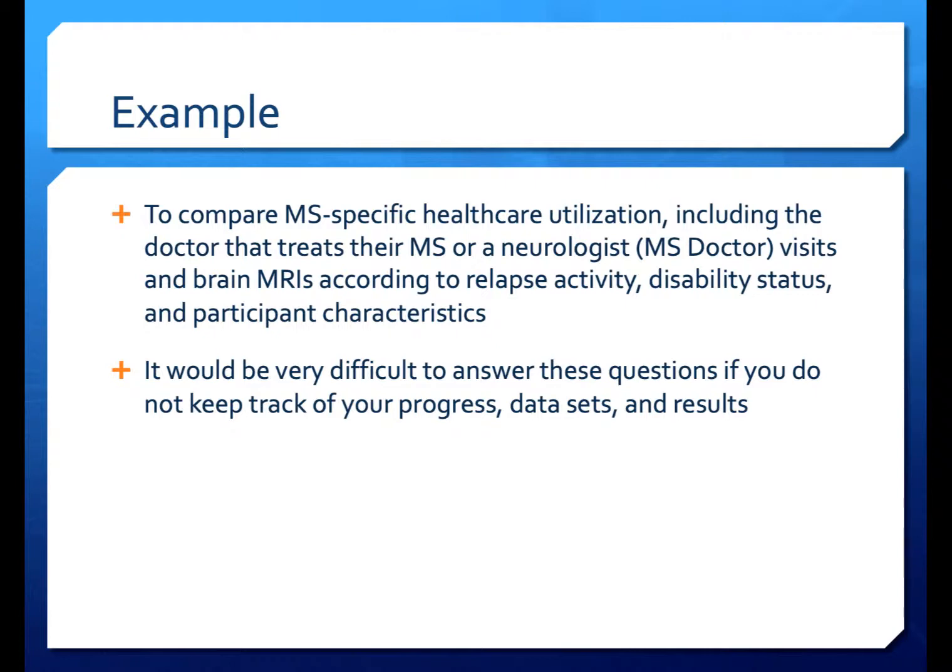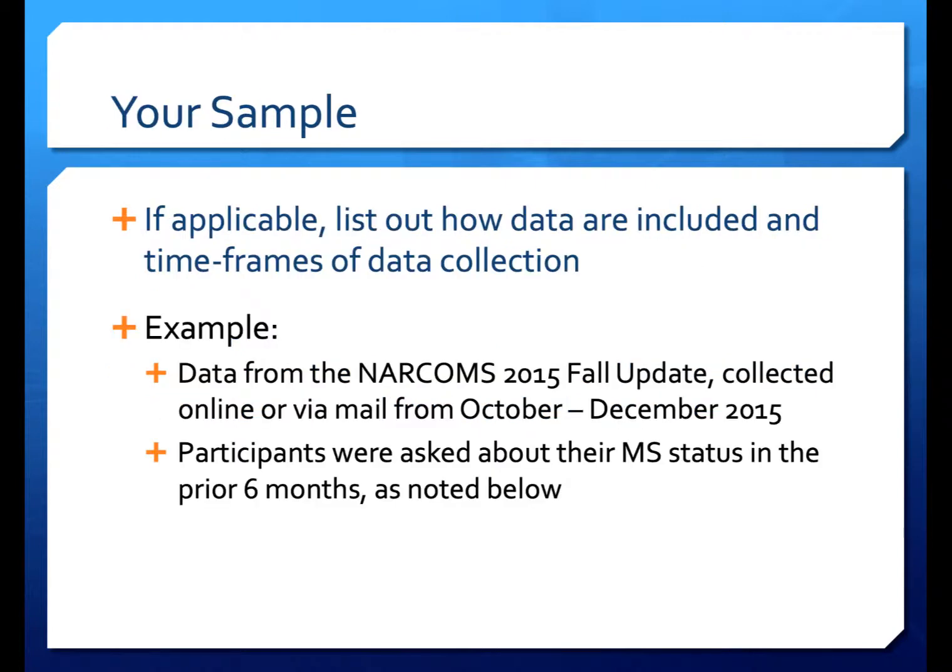It would be very difficult to answer these questions if you don't keep track of your progress, data sets, and results. And again, if you're looking at all of this in context, you don't want to have to investigate the data each time you try to answer one of these questions. So you want to start in step 1 with making the decisions that will have you end up with a data set that you use to address all of the questions.